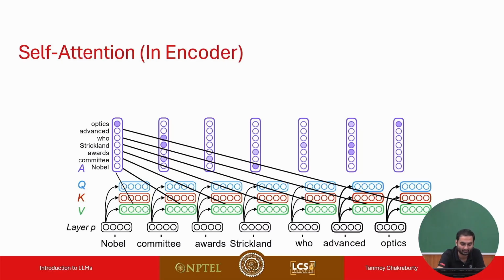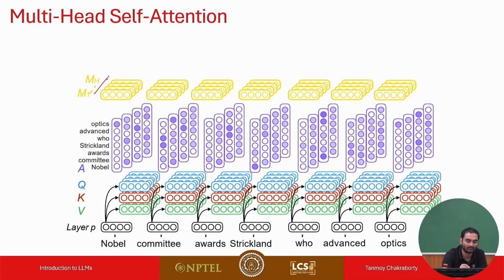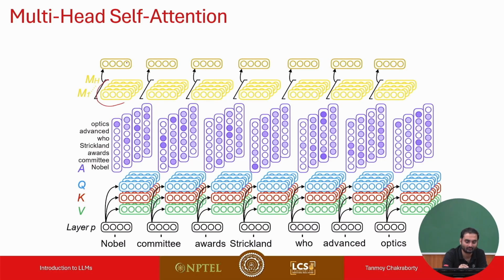From attention scores, you obtain the attention vector for every token. Now in multi-headed attention, you have multiple such vectors, multiple such attention distributions. Then you concatenate them and pass them through a linear layer, and this results in a vector which has the same dimension as the input vector.